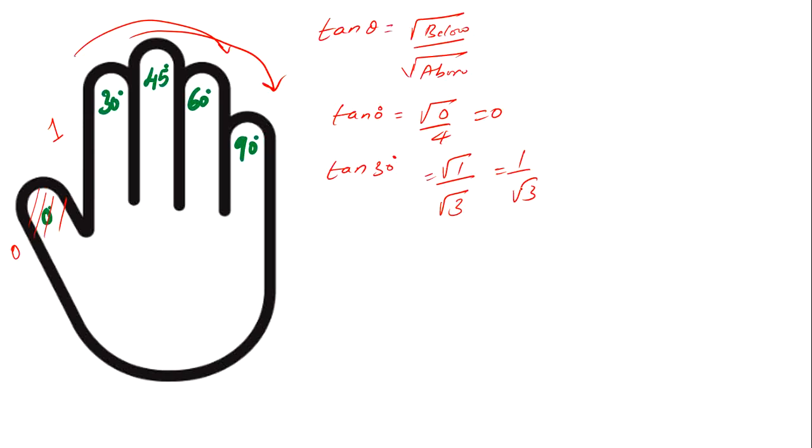Check for tan 45 degree. For tan 45 degree, you have to check below 2 fingers. That means tan 45 has 2 fingers below and similarly 2 fingers above. So it is root 2 by root 2, which is equal to 1.